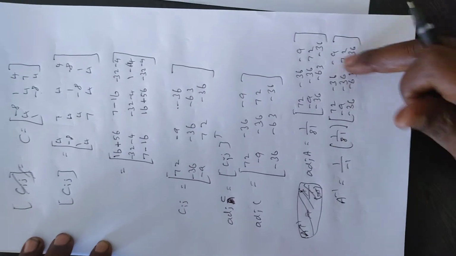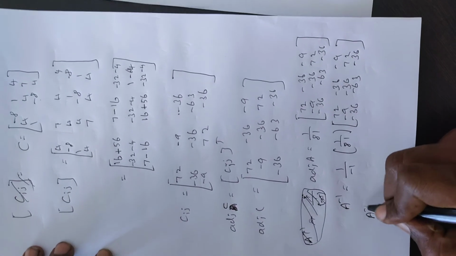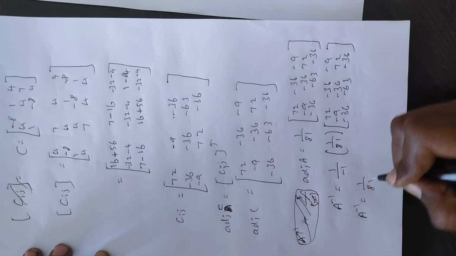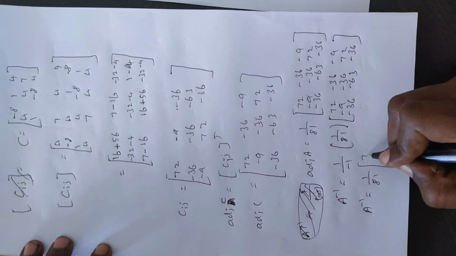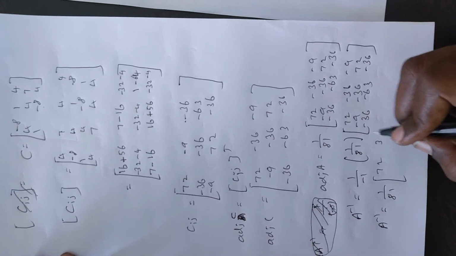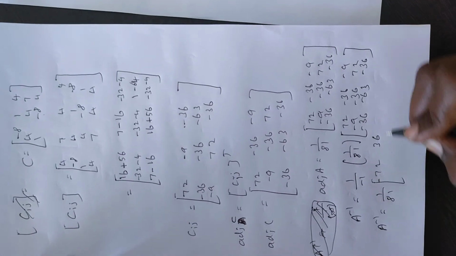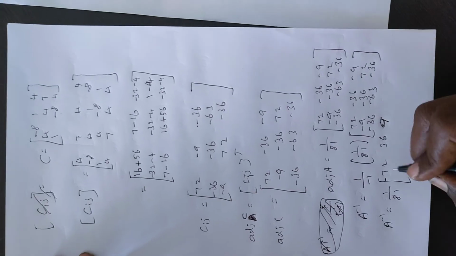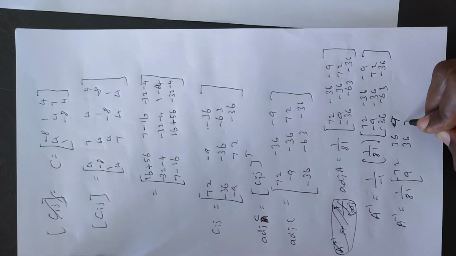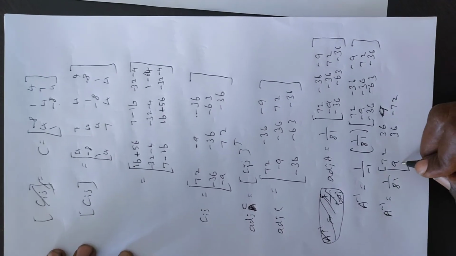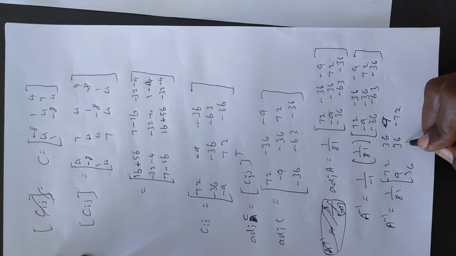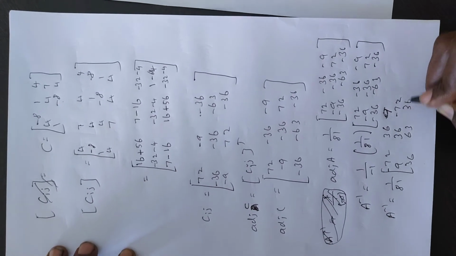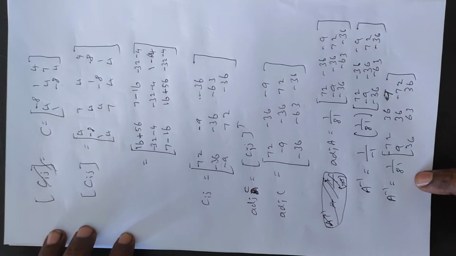Now multiply the minus inside, then A inverse equal to 1 by 81, then 72 36 minus 72, 36 minus 9 plus 9, 9 36 minus 72, 36 63 36. Now here 1 by 81 is there.